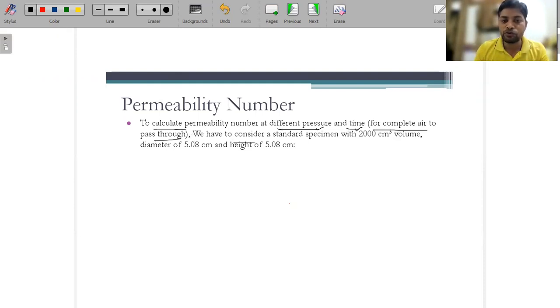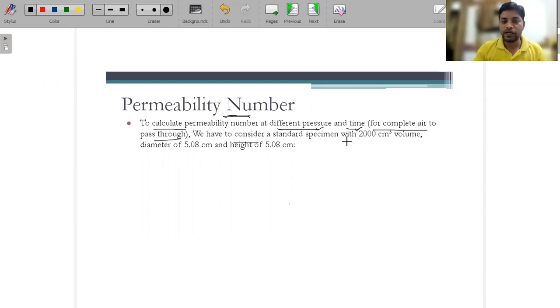This is a standard, because the number is evaluated on the basis of a test. When we conduct this test, a specific specimen is required, and the volume of the device in which we conduct the test is fixed, so accordingly we choose the dimensions of the specimen.